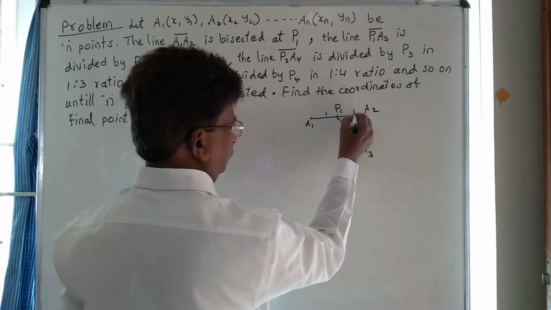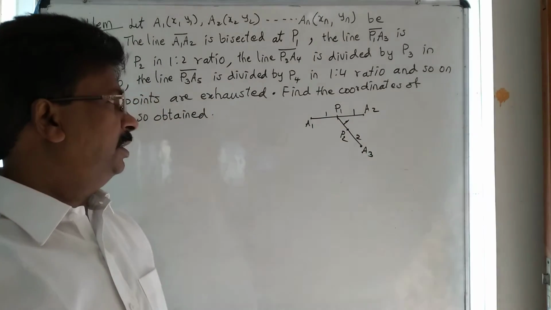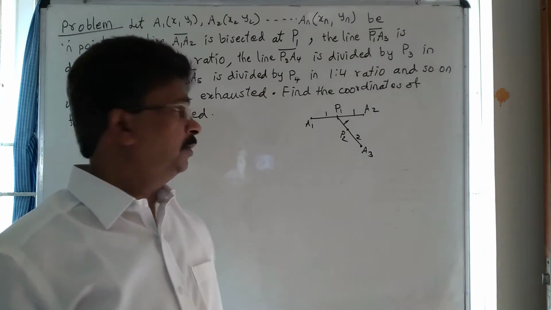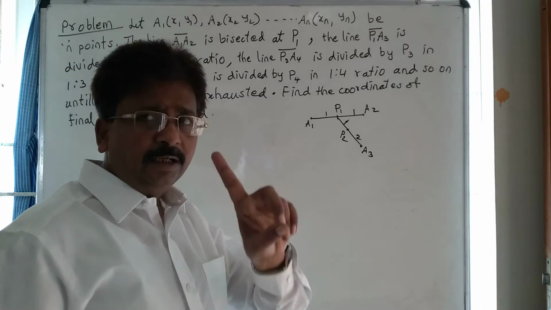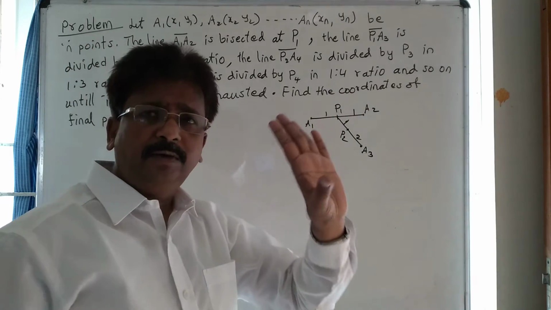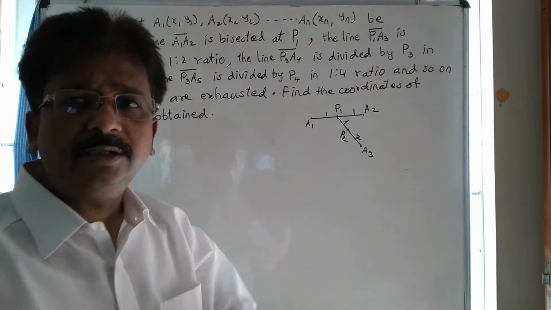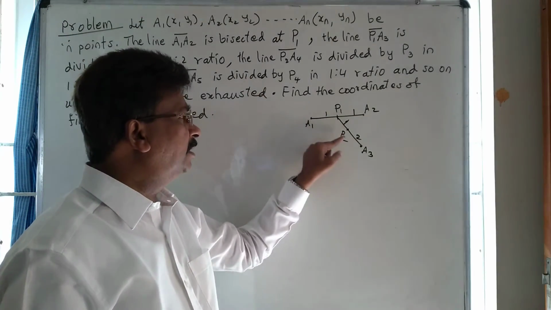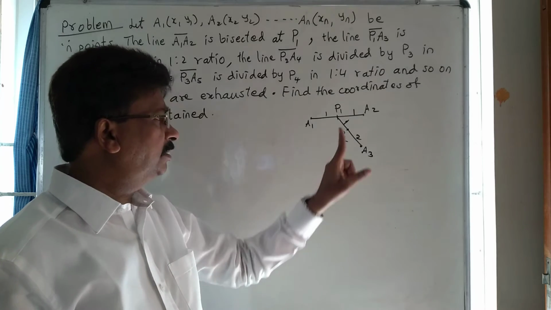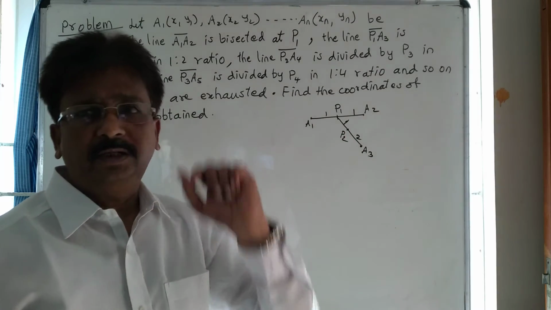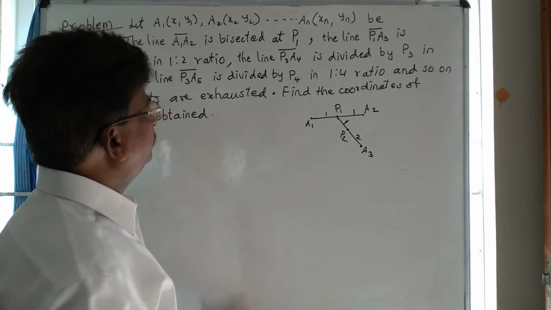P1 is the midpoint of A1 A2, so A1 P1 is 1 unit and P1 A2 is also 1 unit. Because P2 divides in the ratio 1:2, P1 P2 is 1 unit and P2 A3 is 2 units.